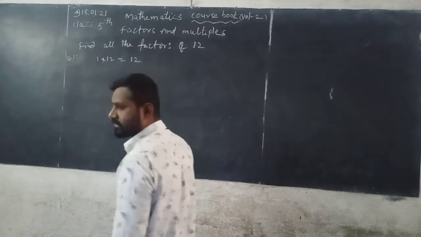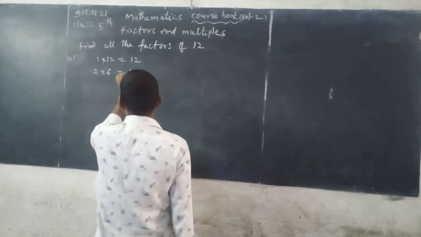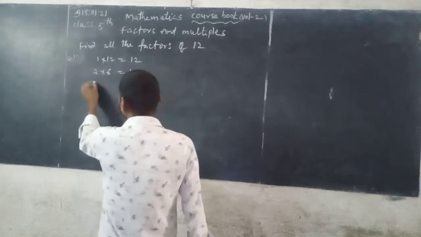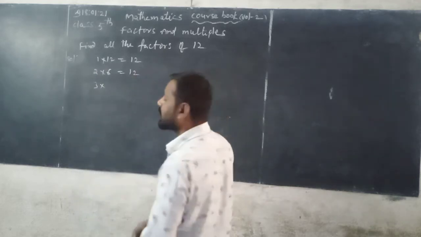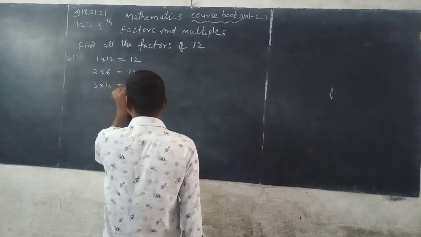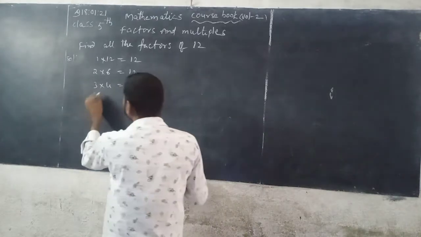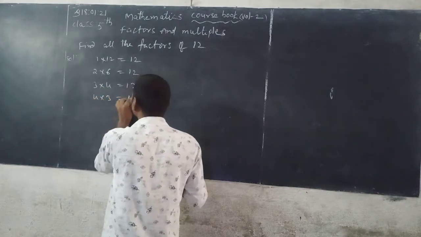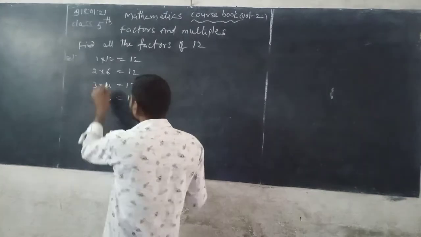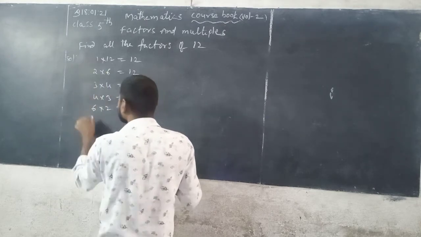Okay. 2 table: 2 6s are 12. 3 table: 12 is divided by 3, where 3 4s are 12. Next, 4 3s are 12. Reverse. 3 4s are 4 3s are 12. Next, 5 not possible. 6 2s are 12. Next, 12 1s are 12.